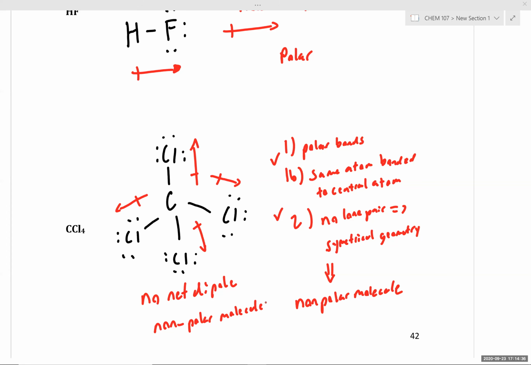We only care about our central atom because our central atom controls the geometry, controls how these dipoles are arranged in 3D space.